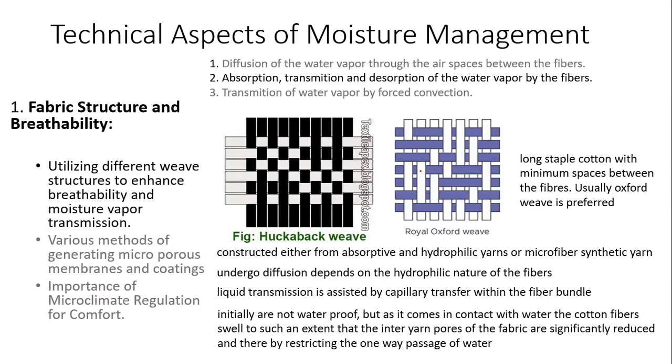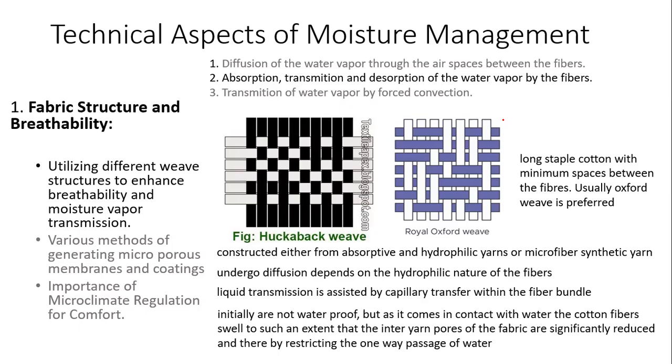So this is how they have used the advantage of the cover factor of the woven fabric with the floats, and then tried to improve the hydrophilicity. Therefore, the absorption, transmission, and desorption of the water vapor by the fibers are maximized. These are very little technologies that people never look into.